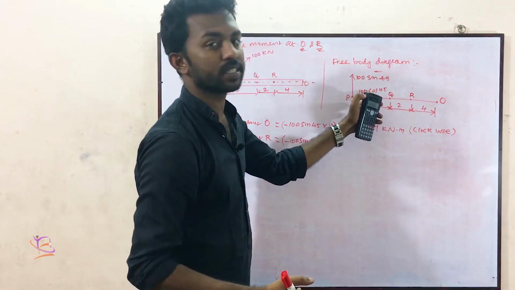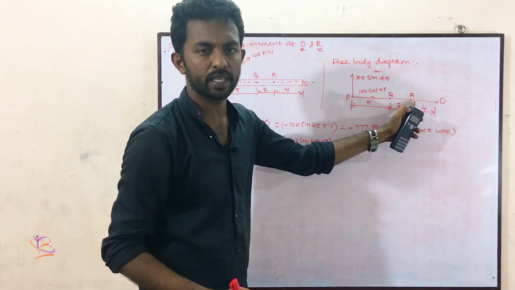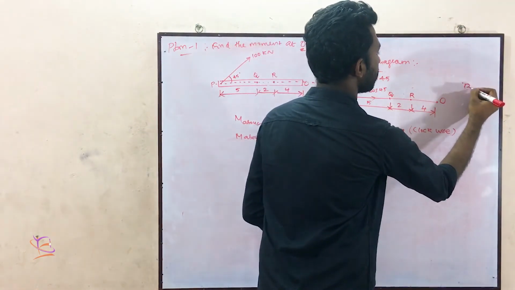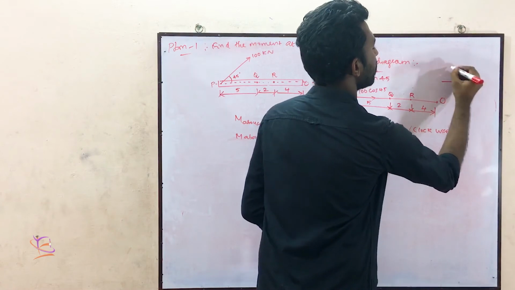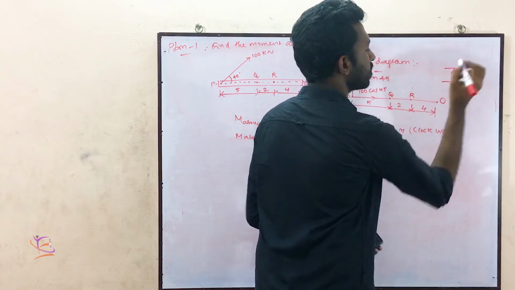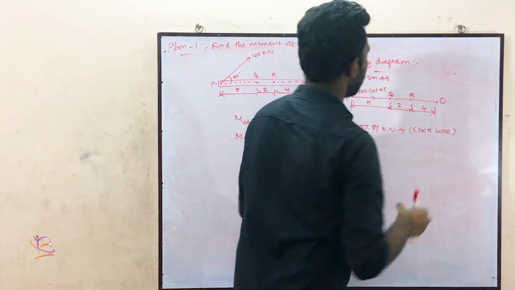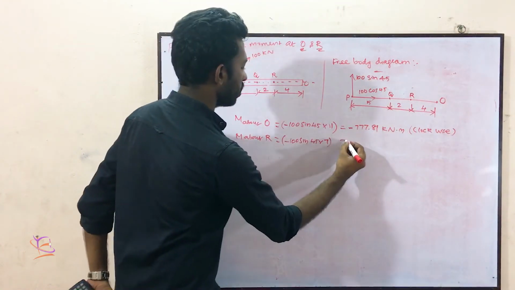If you consider the horizontal component, the vertical distance will be 0, because it is passing through the point R. So you can simply leave that.